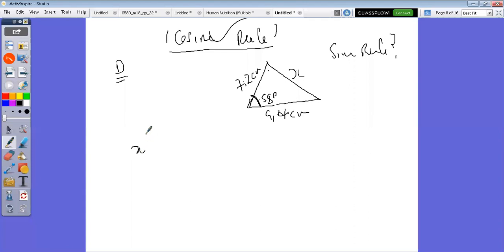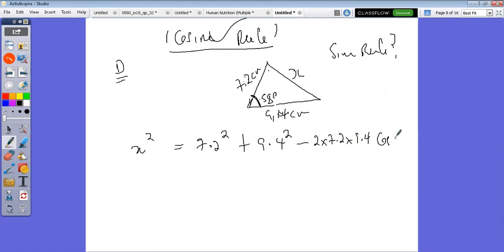I say x squared, the side that I want, is equal to the square of that plus the square of that. So it's 7.2 squared plus 9.4 squared minus 2 times that times that. So 2 times 7.2 times 9.4 cos the angle between them.